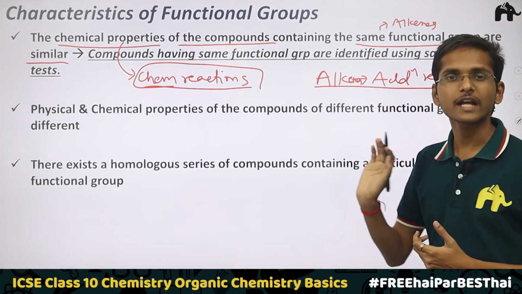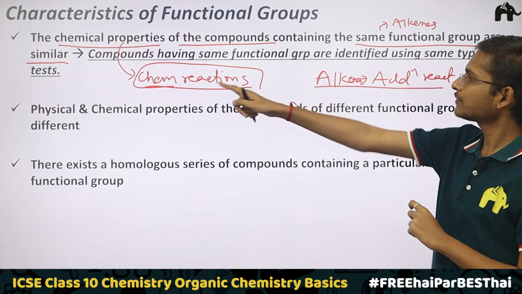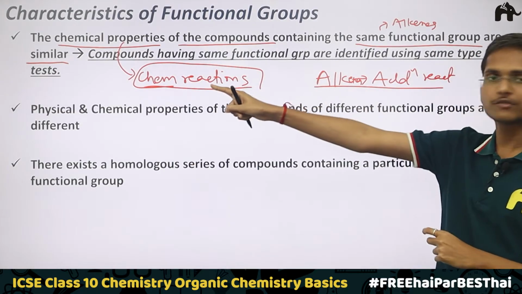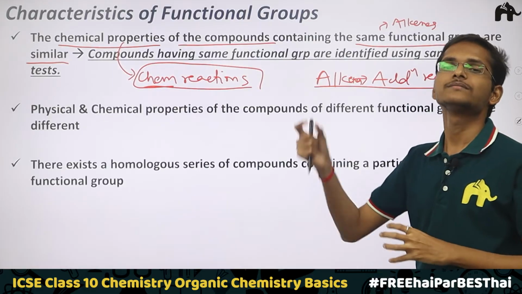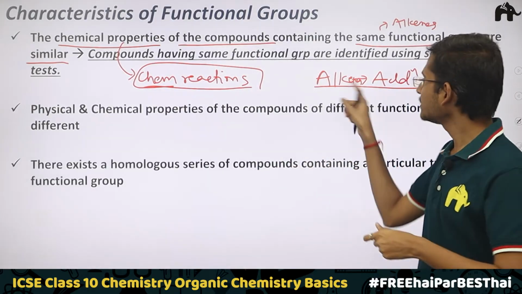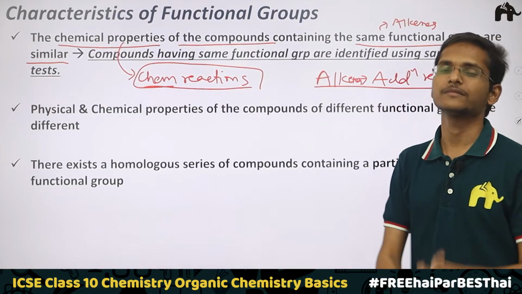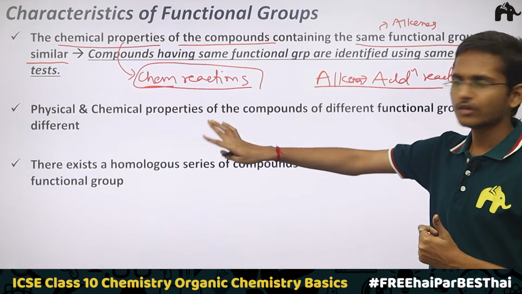So I would take a particular addition reaction as the test and try it on the compounds. If the addition test is positive, then that means our compound is an alkene. Right? Now let's move ahead.